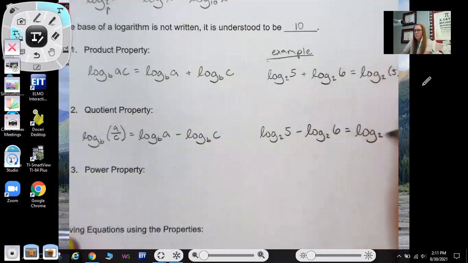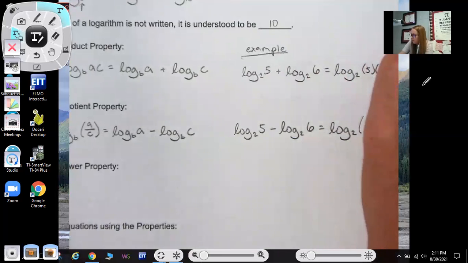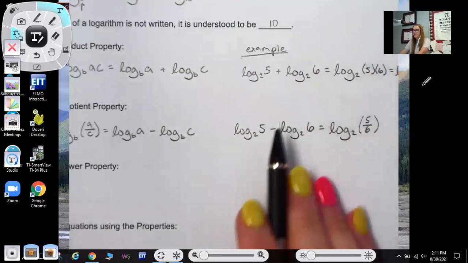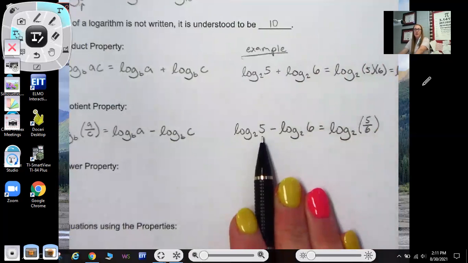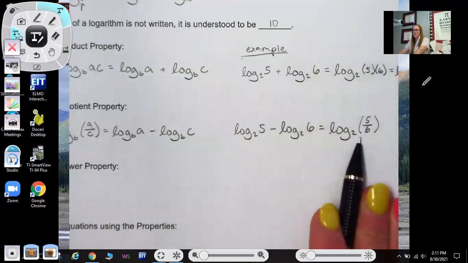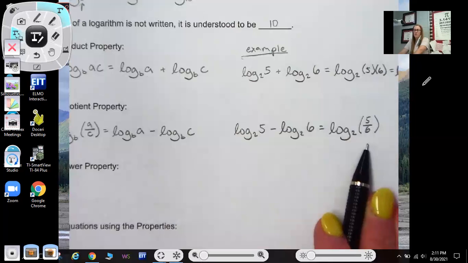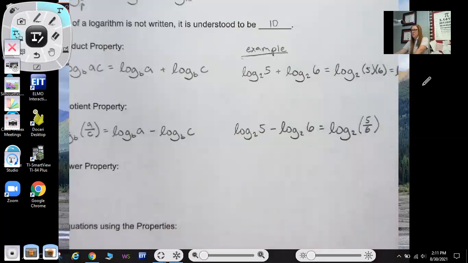So it's still log base 2, but then it's of 5 over 6. So whatever number is coming first is your numerator. Whatever number comes second is your denominator. So this becomes log base 2 of 5 over 6. And if we could simplify the fraction, we could go another step, but this is good enough for now.